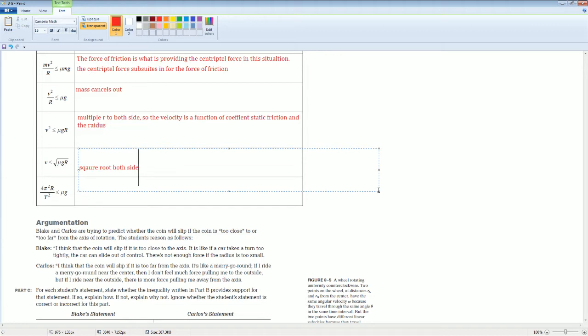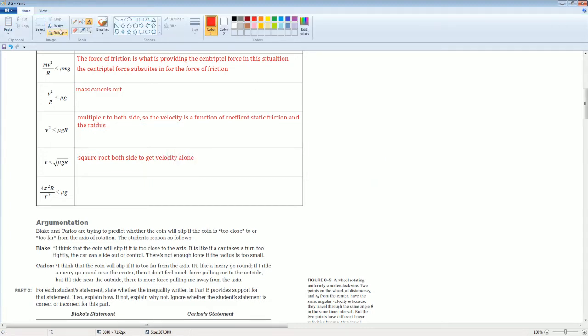From there to there, you multiply, and then you're going to square root both sides. This is to solve for the velocity, which technically means getting it alone.